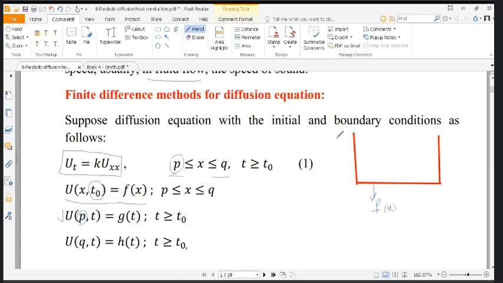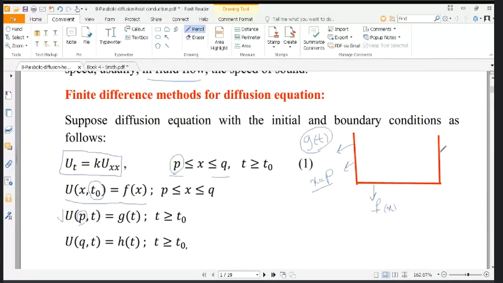For all points on the left boundary, we should use g of t at every time. At this left boundary, the value of x for all points is p, and for all points on this boundary, we use g of t for the value of u.